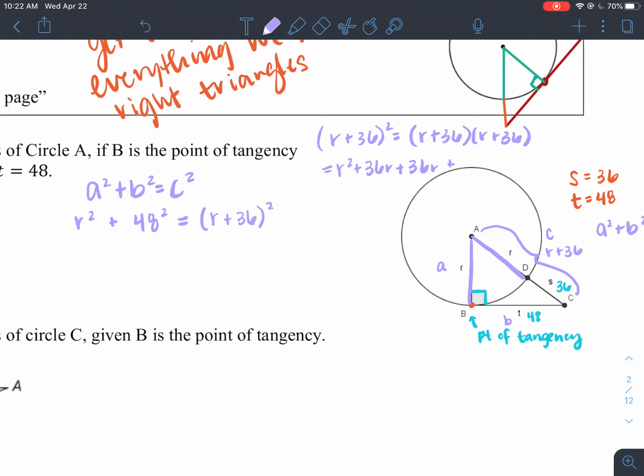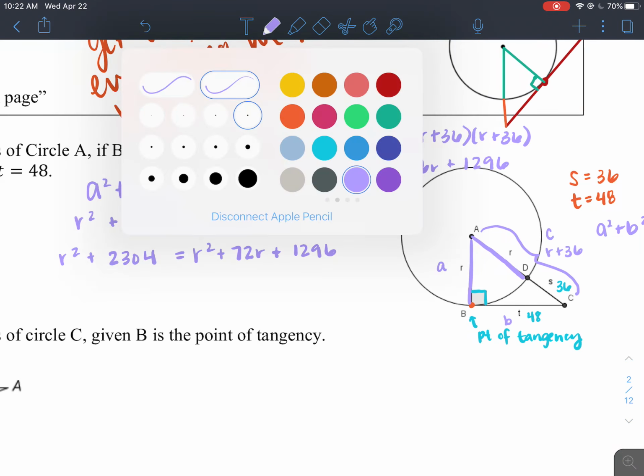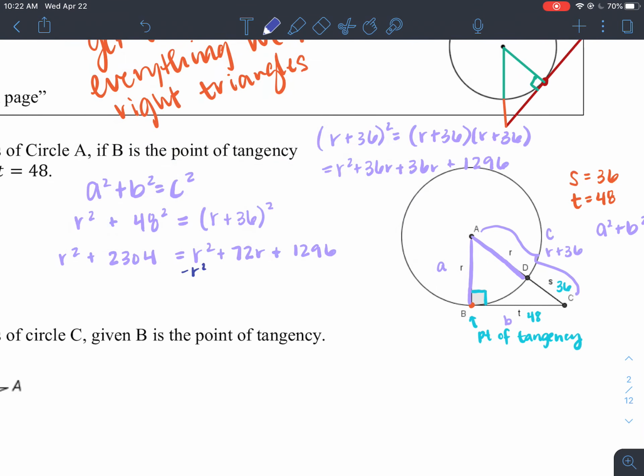Let's check really fast. 1,296, which gives me on the right R squared plus 72R plus 1,296. And then on the left, I have R squared plus 48 squared, which is 2,304. And we can solve for R, combine your like terms. Remember, if I get a quadratic, I want to set everything equal to 0 if possible. But notice first, if I start moving R squareds, what's going to happen with those R squareds?